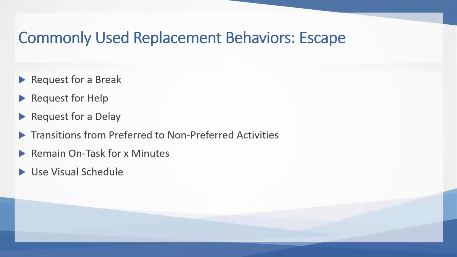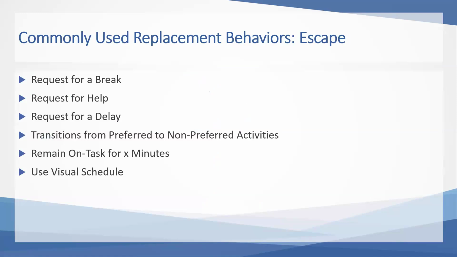So when we are talking about escape maintained behaviors, common things are requesting a break, requesting help, maybe asking to do it a little later. We want our students to be able to advocate for themselves, but we want them to obviously do it in a way that is appropriate and that they can use in their day-to-day lives. Teaching them how to transition from preferred to non-preferred.